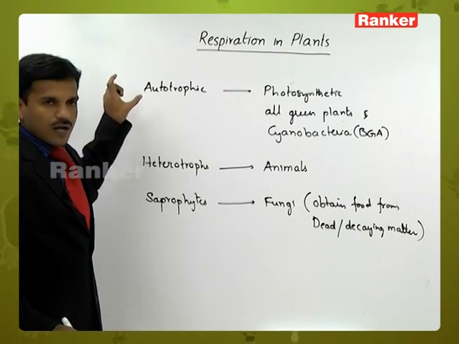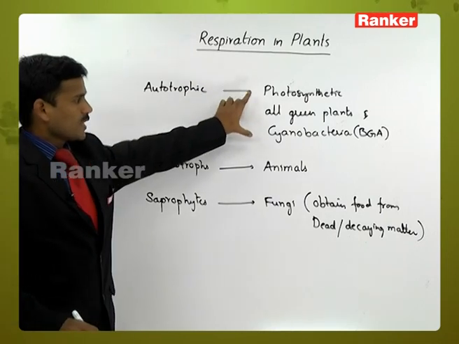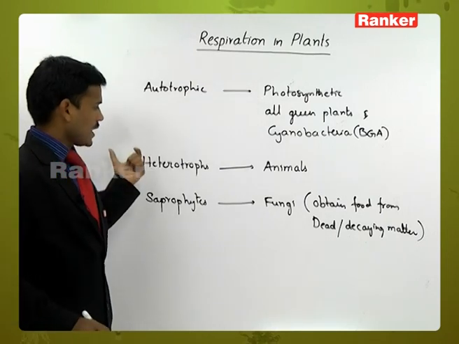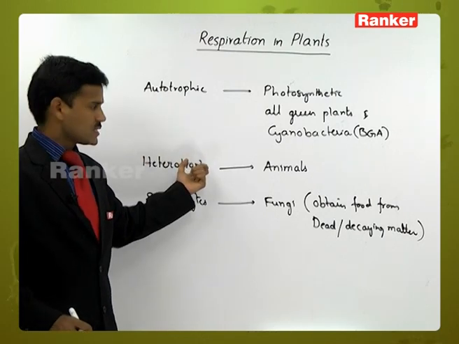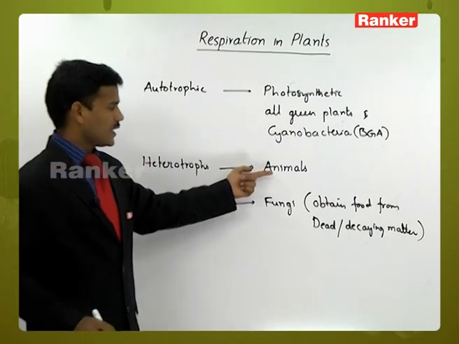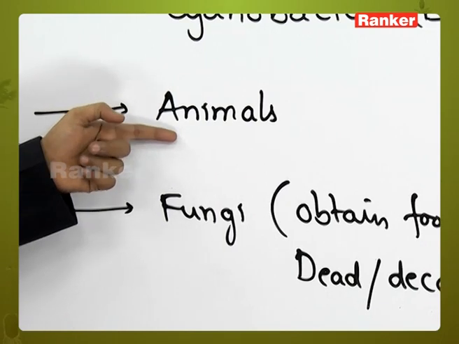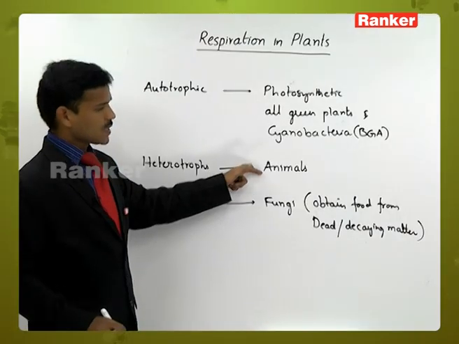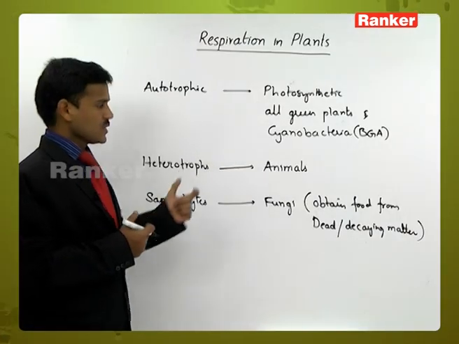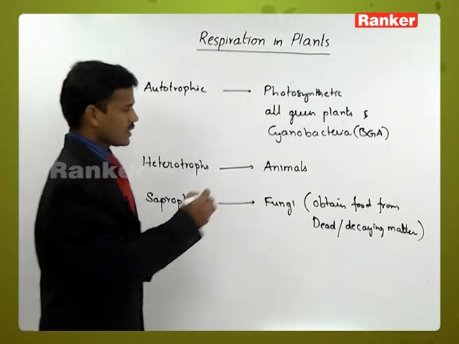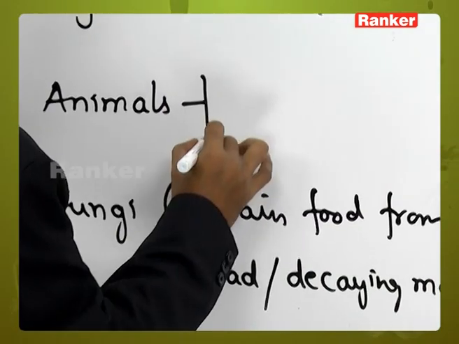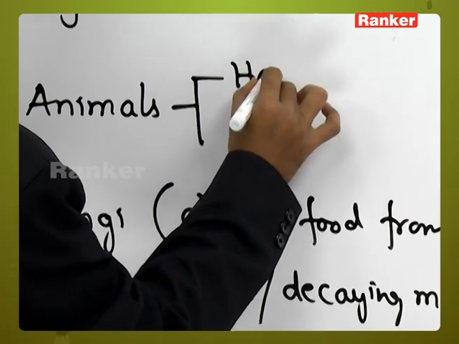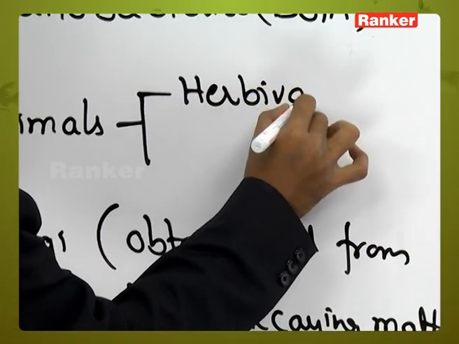Here, autotrophic organisms synthesize their own food material by the photosynthesis process, and heterotrophs get energy or food materials by depending on plants, and sometimes animals also. So herbivores are there, carnivores are also there. Herbivores eat only plant parts.